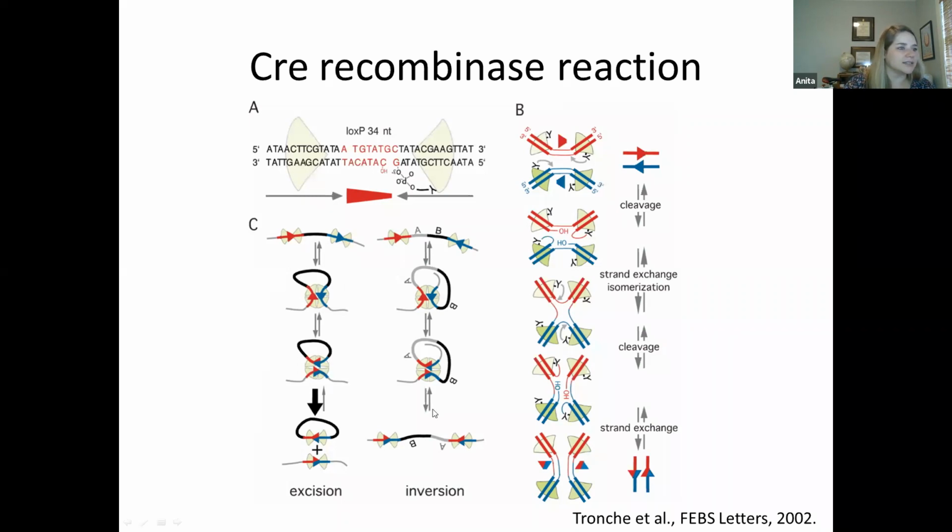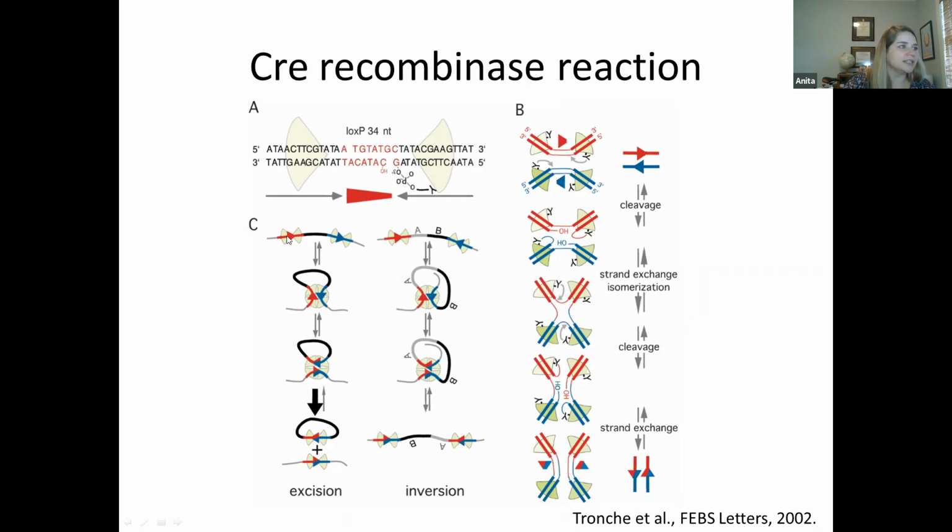The reason I like this diagram over the previous one is that because these sites are palindromic, when they do this crossing over switching, you still get the same LOXP site, but one of them came from the other side. So you get sort of this hybrid LOX site in the end. One of them is a hybrid like this, and one of them is like this.